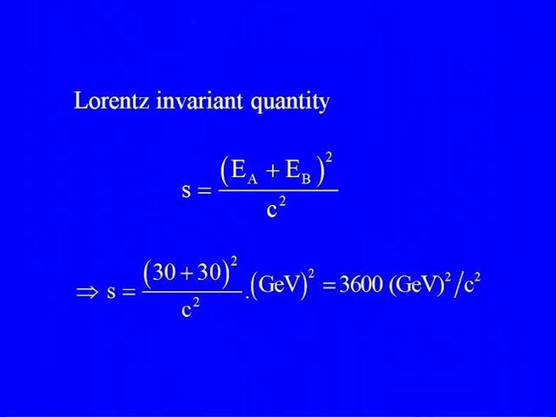Now we need to calculate the momentum in the lab system. For that, let's calculate the Lorentz invariant quantity S. We know that it's related to the total center of mass energy squared, right? So S will be 30 plus 30, because each of these protons has total energy 30 in the center of mass system. So S is nothing but 3600 GeV² by c².